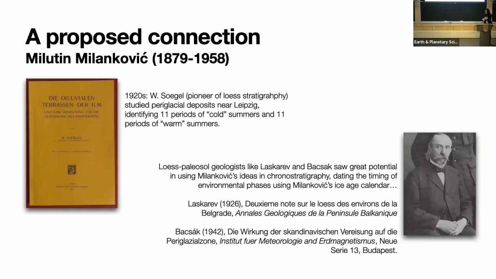So loesses are basically windswept deposits, and amongst the 1920s Germanic and Baltic loess stratigraphers, there was actually a lot of potential seen in Milankovitch's ideas. And actually, the earliest attempts of chronostratigraphy, a practice that underpins paleoclimate today, involved loess stratigraphers using Milankovitch's Ice Age calendars to calibrate what they called their environmental phases.